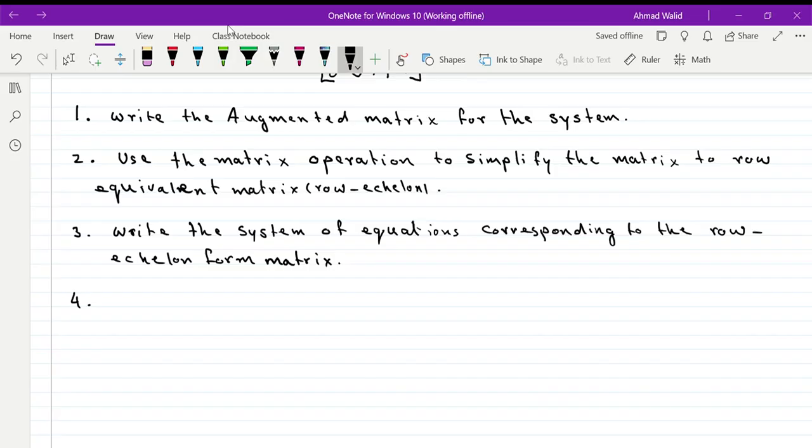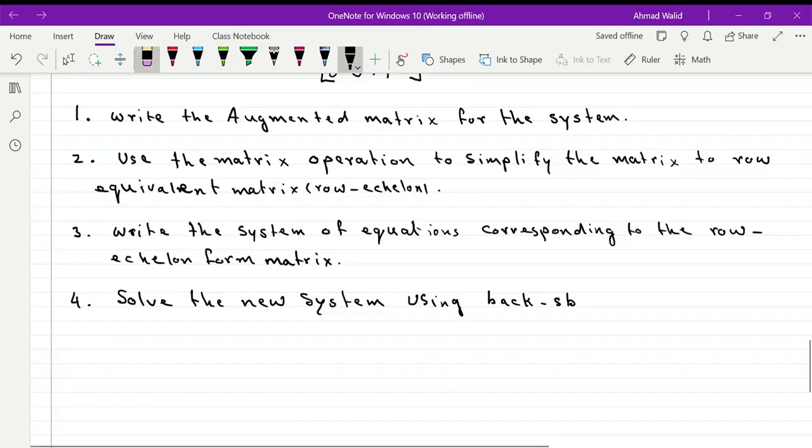Solve the new system using the back substitution method. Correct? And find the answers.